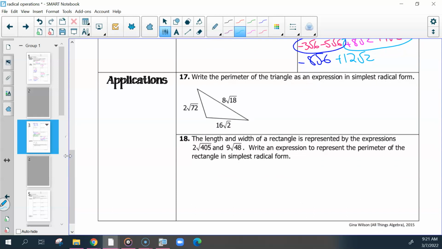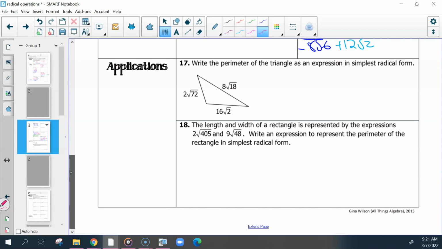We're going to do 18, and then I'm going to let you practice some of these. For 18, we're talking about the length and width of a rectangle. And we know 2 of those. So you can do one of 2 things with this.